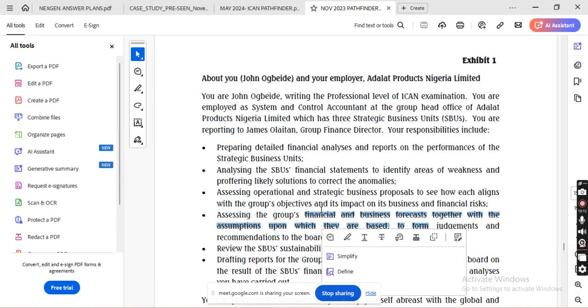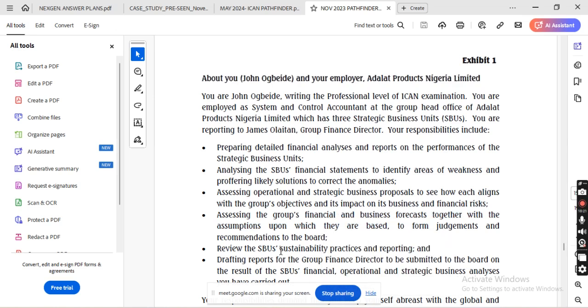So you can see it's giving you 90% of what will happen in the unseen. Class, this is a clear indication of an internal report, because you are working as a systems and control accountant at the group head office of Adalat Nigeria Limited. You are employed by this company.